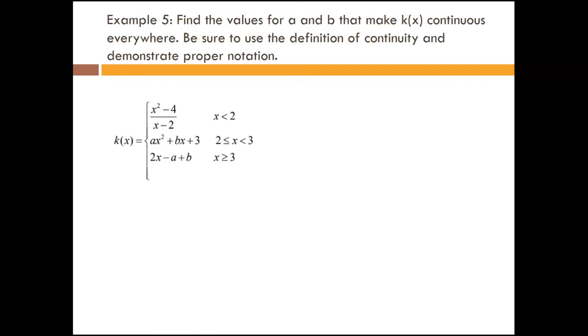The definition of continuity says that f of A has to exist. The left-hand limit has to equal the right-hand limit at A, and then the limit has to equal f of A. So K of X has 2 points of concern, the breaking points. These graphs are going to be discontinuous at a breaking point. So we need to make the breaking points continuous.